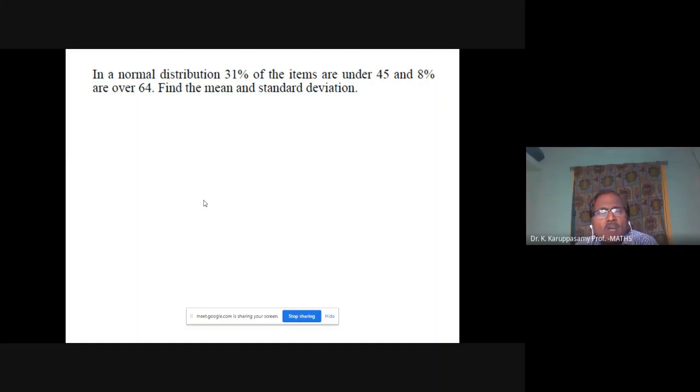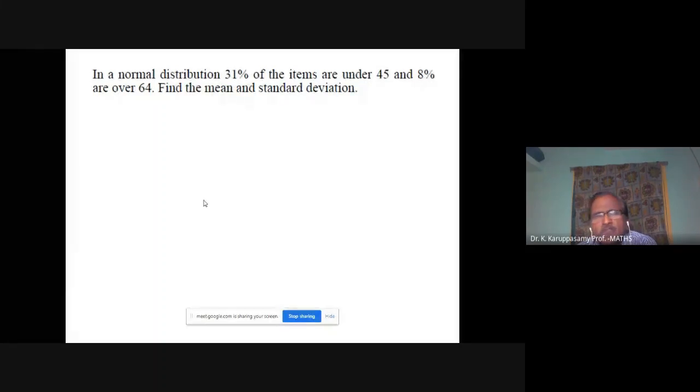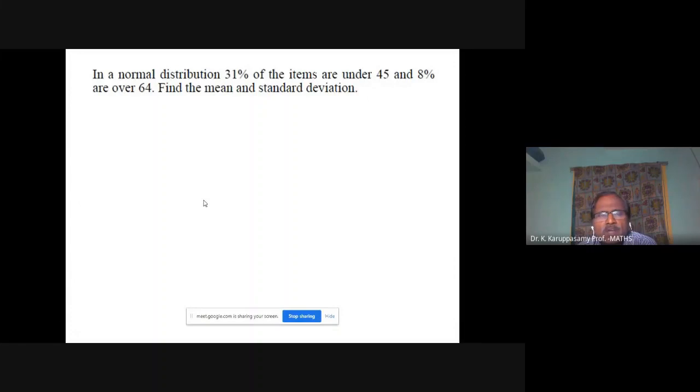So out of the total strength, 31% of students, that is 31 students, scored below 45 marks. 31 students out of 100, that is 0.31 probability, scored below 45 marks. And 8% of students scored above 64 marks. In a class of strength 100, just for understanding purposes, I have given an example.